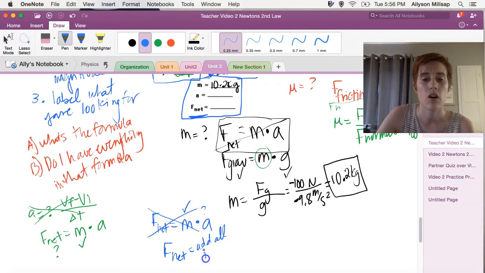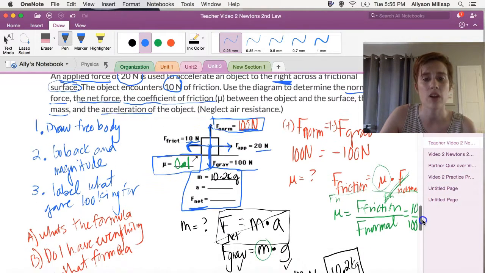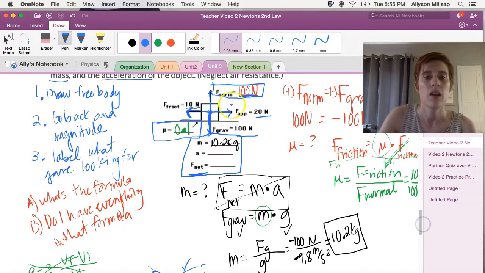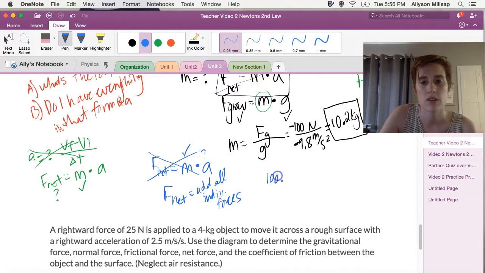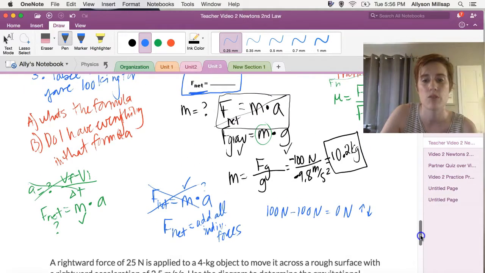Add all individual forces. So let's look at our diagram. We have all our individual forces, right? The normal force and the gravitational force look like this. Here's the normal force. Subtract it from your gravitational force. There's no net force in the upward or downward direction. Okay, no net force there.